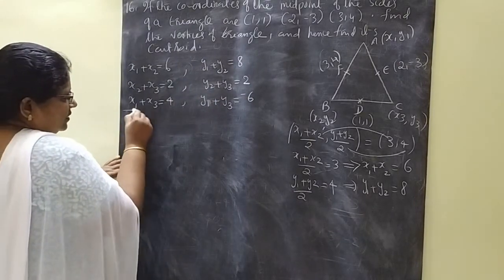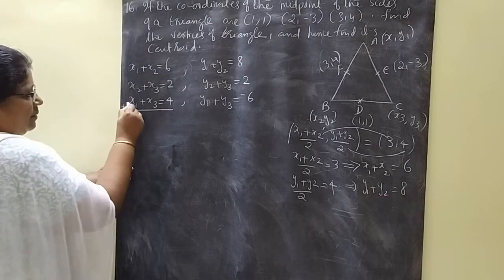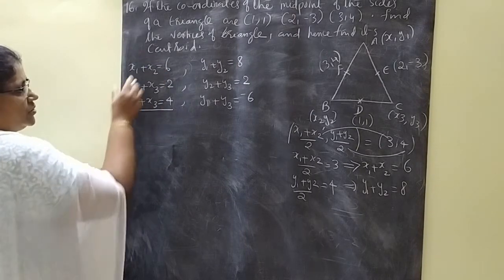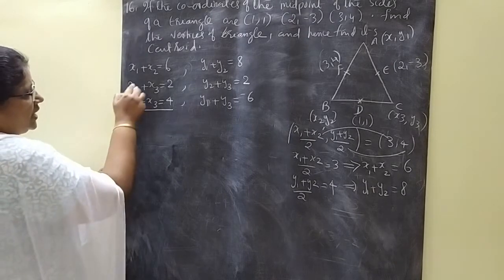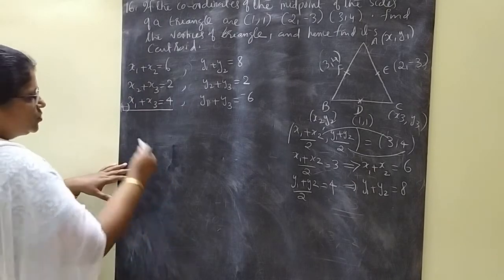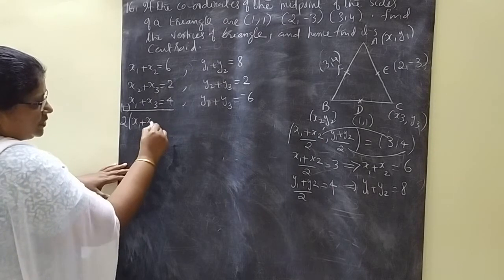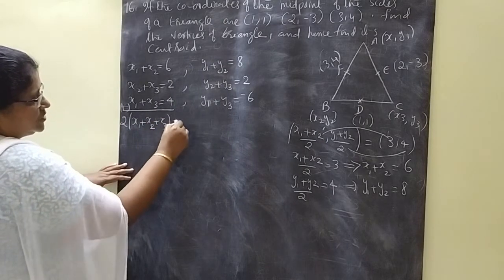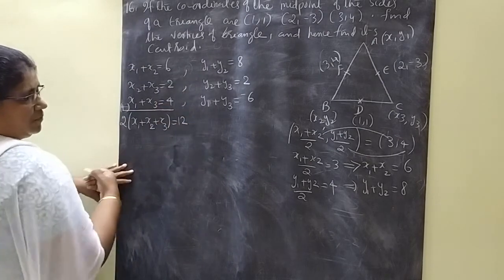Now I am taking these three equations and adding them. While adding, you see, x1 is coming 2 times, x2 is coming 2 times, x3 is coming 2 times. So we can write 2 into (x1 plus x2 plus x3) is equal to 6 plus 2, 8 plus 4, 12.